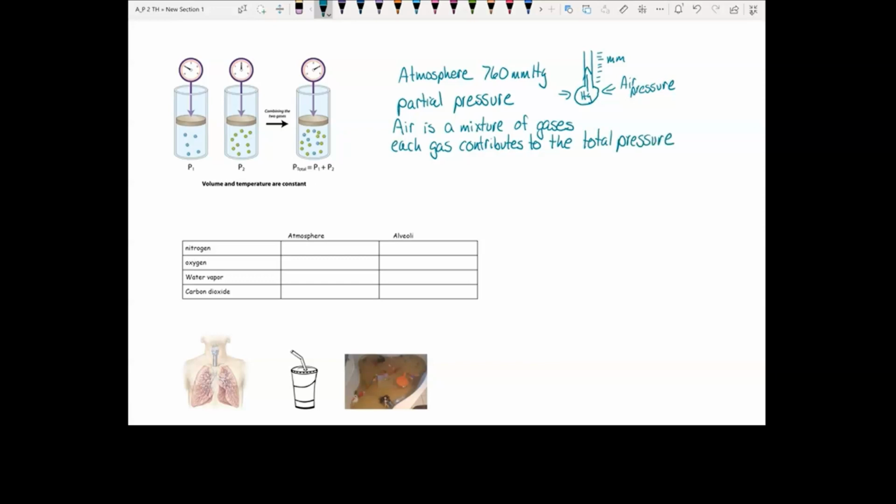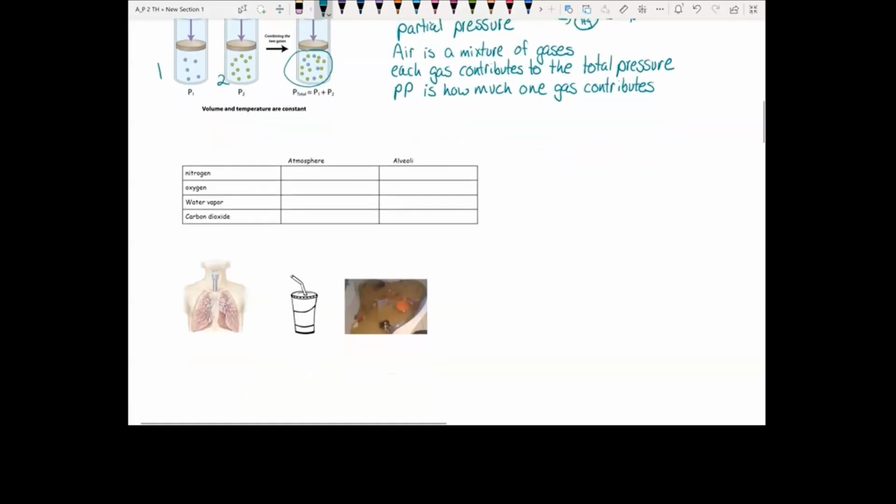So partial pressure is how much is contributed by one individual gas, and we can just abbreviate it pp. So if you look at this picture, we have gas number 1 here, the blue dots, and here is its pressure of 1. Here's gas number 2, the green dots, and it has a pressure of 2. And when you put them together, you get a pressure of 3.